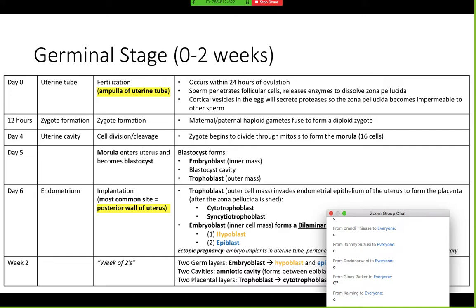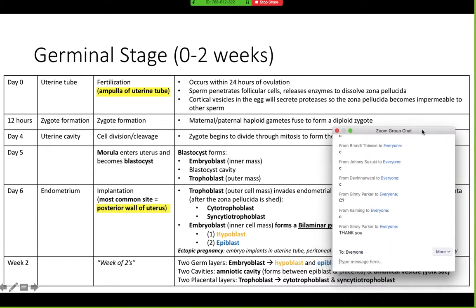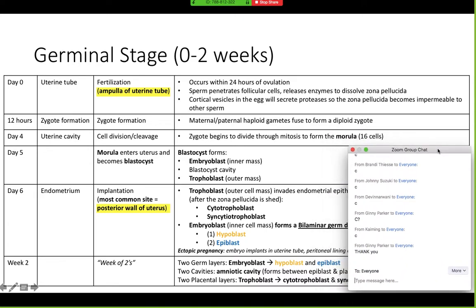Of course, the longer the sperm is in the reproductive tract, the lower the odds, but it can still happen. That's good to know to counsel your patient that if you have sex before ovulation, it's still possible to get pregnant because the sperm can survive. All right, anyways, moving on.